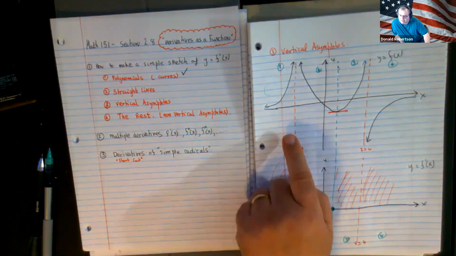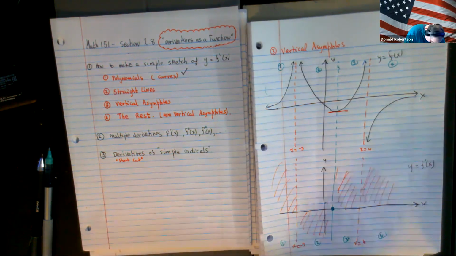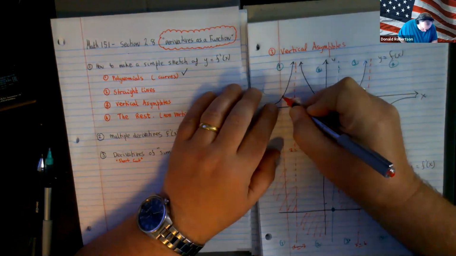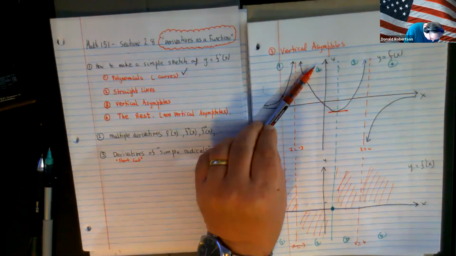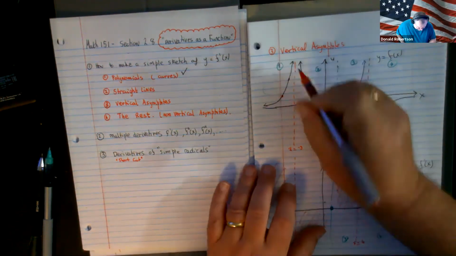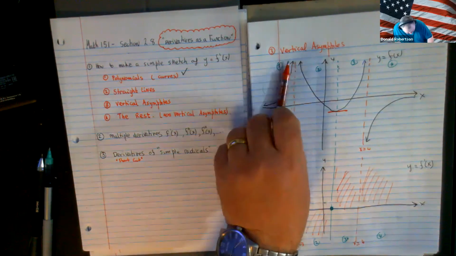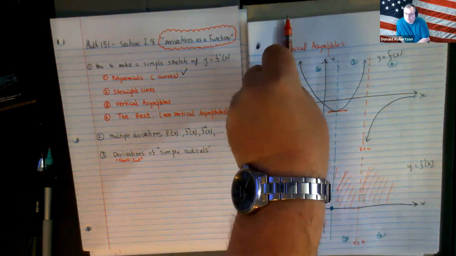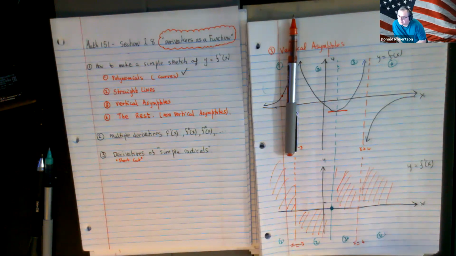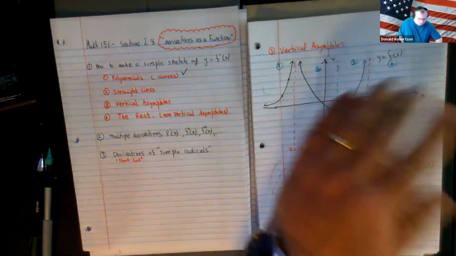So let's look at this guy here in region 1 in a little bit more detail. If I choose this point, can you imagine the tangent line might be 2, right? Slope of 2. As I get a little bit nearer, couldn't the tangent line be positive 10? What happens to the curve as you get nearer and nearer, doesn't the tangent line go vertical on you? Can you imagine very close to that? Wouldn't the curve be virtually vertical?